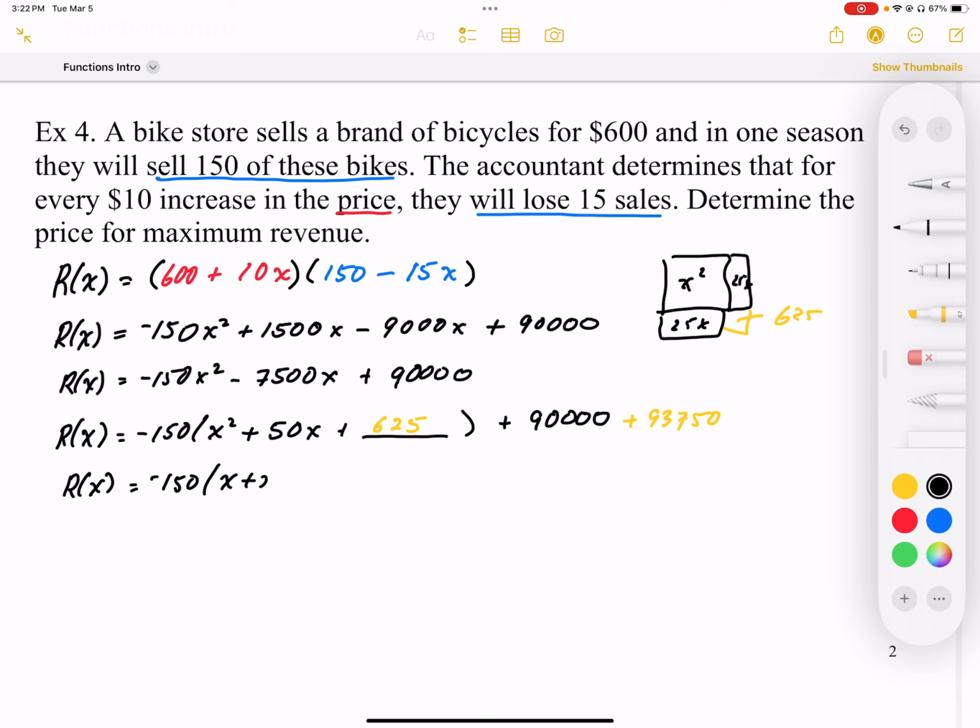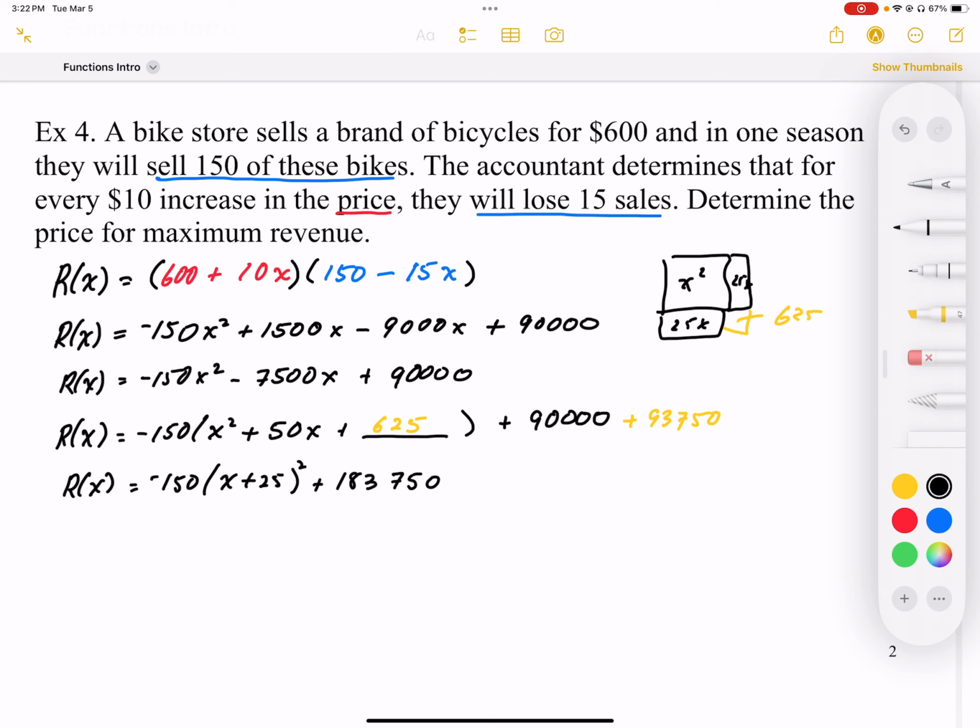So my vertex is going to be at negative 25, and the maximum revenue is going to be $183,750.